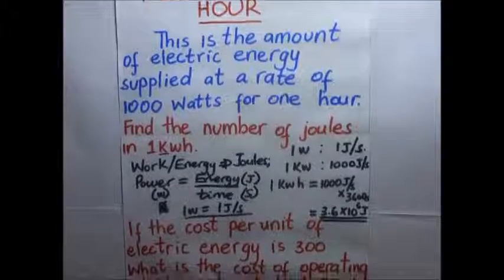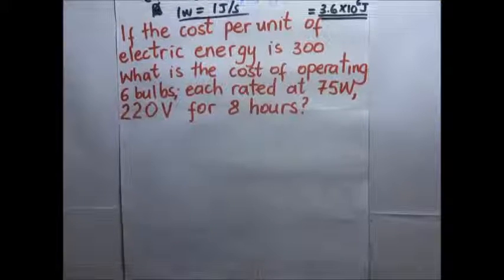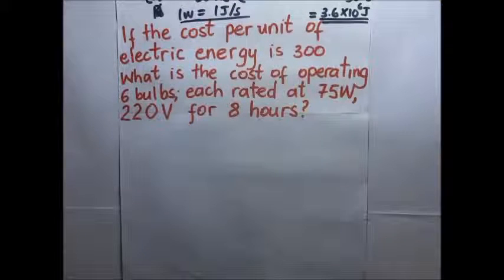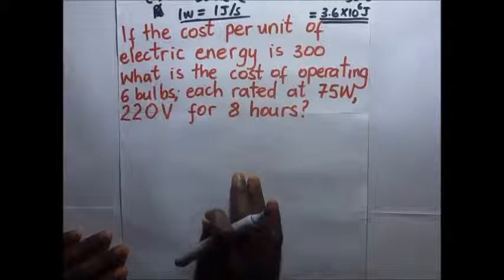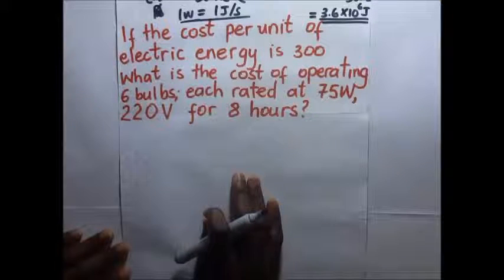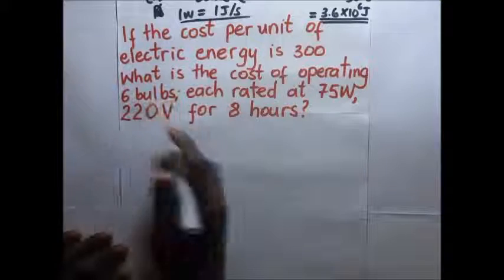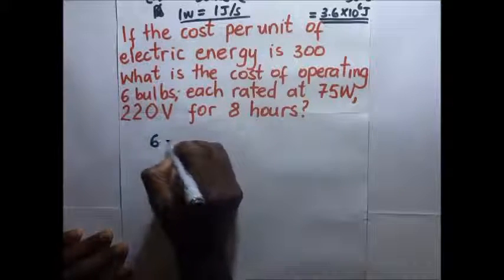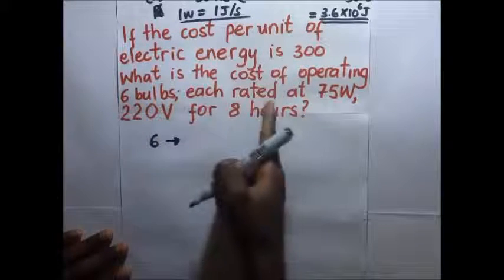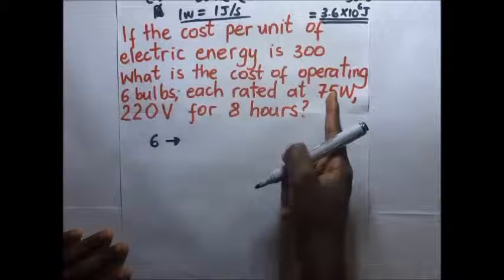Let's look at an example here. The cost per unit of electric energy is 300. What is the cost of operating 6 bulbs rated at 75 watts, 220 volts for 8 hours? We want to find the cost of operating 6 bulbs. So we have 6 bulbs, and each of these bulbs is rated at 75 watts.